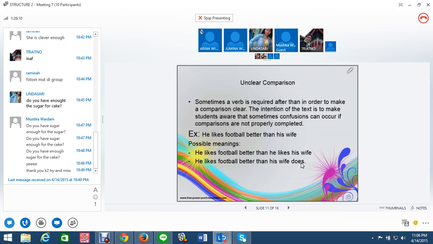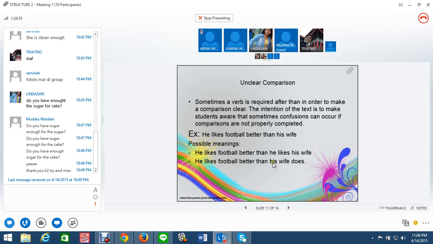So the things that we are going to do here, that we have to avoid, we have to prevent unclear comparison. Kita harus mencegah, menghindari unclear comparison ini. Kita harus menghindari agar tidak ada lagi unclear comparison. How is the way? The way is we have to put subject after then.